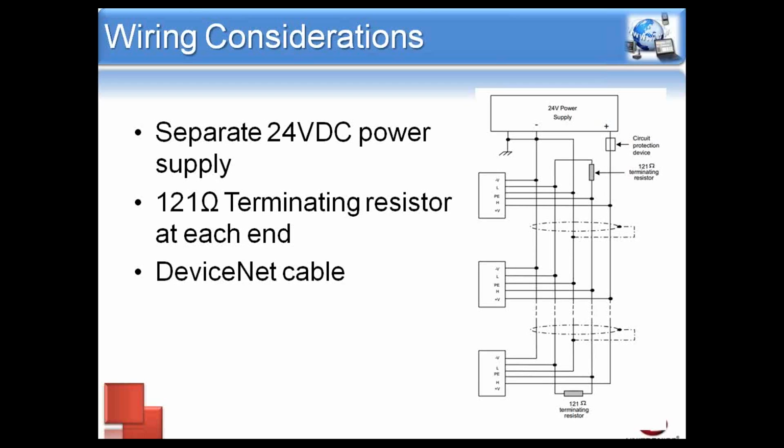So for example, on my desk here, I have just a Vision 570 hooked up to a CANOpen shaft encoder, and I have a terminating resistor on each of them. If I had a third device in the middle, I would only put them on the two ends. The cable, of course, is a standard DeviceNet cable. The resistors as well, they are included in every CAN capable device we sell. It should be included in the box. If not, it's just a regular 121 ohm resistor.